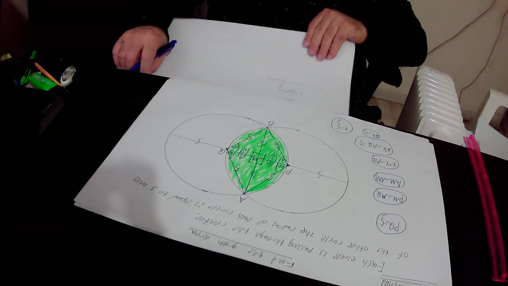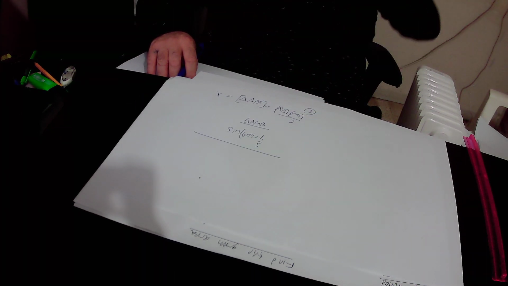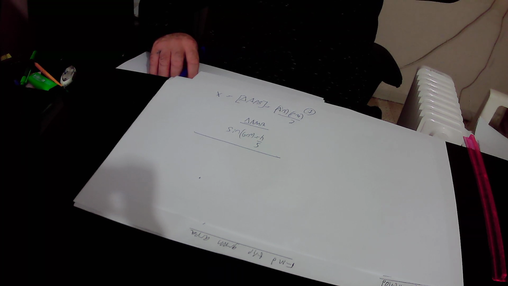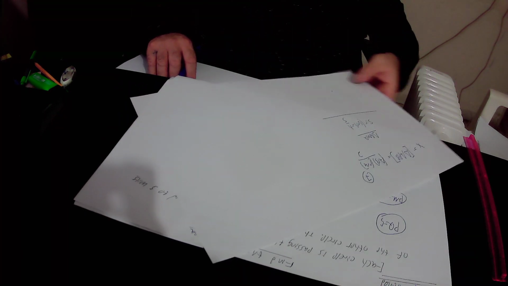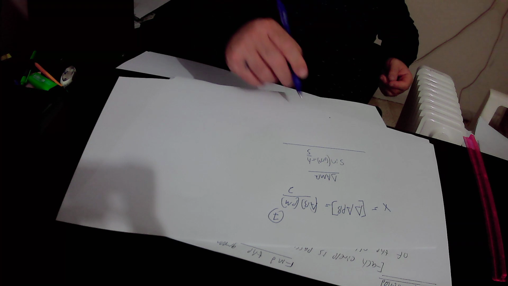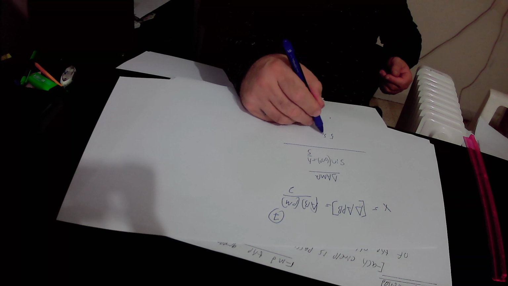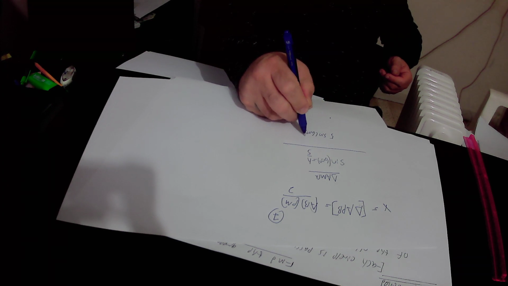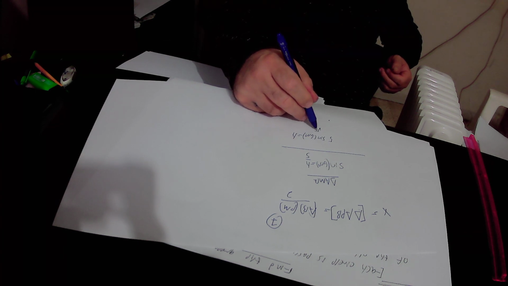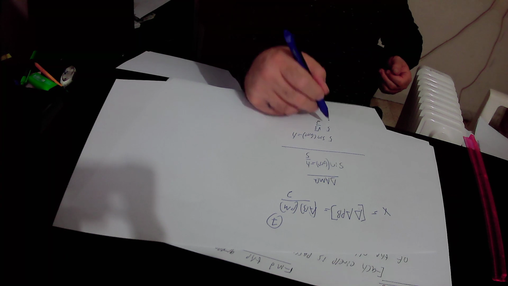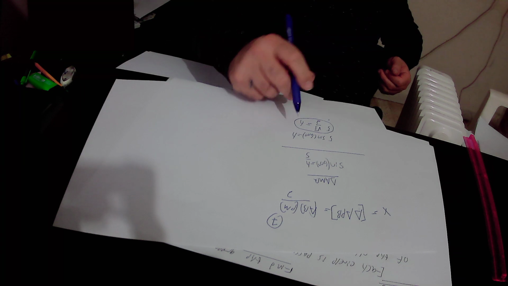I repeat again. In the right triangle AMQ, sine 60 degrees equals h over 5. So we multiply this equation by 5 and get 5 times sine 60 degrees equals h. Sine 60 degrees equals square root of 3 over 2, so the value of h is 5 times square root of 3 over 2.